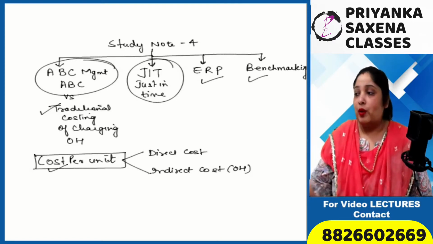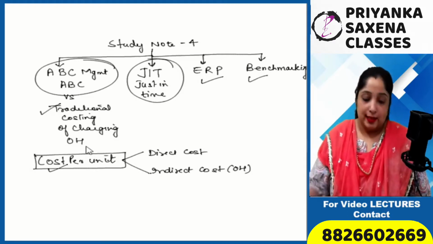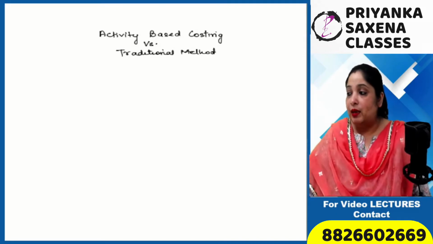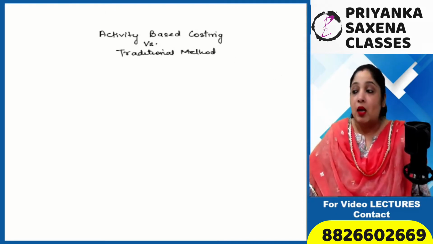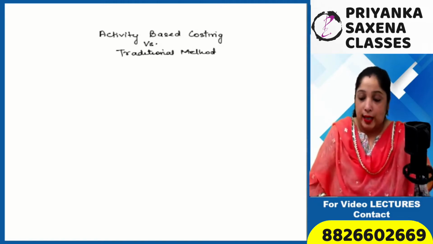So let us start with the first concept, that is ABC versus traditional costing of charging of overheads. Let us now start these 2 methods, activity based costing method and the traditional, conventional method. Now basically these 2 methods focus on what area?